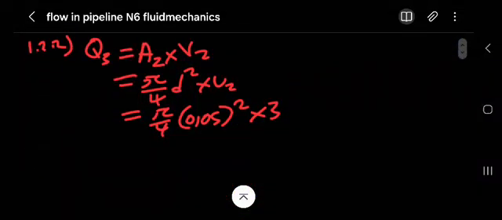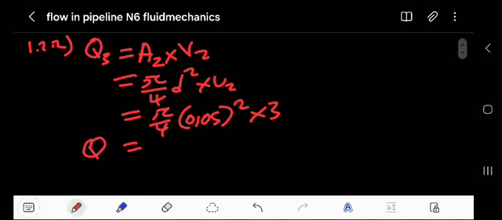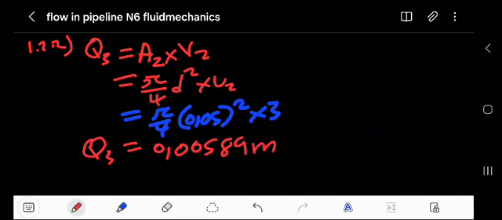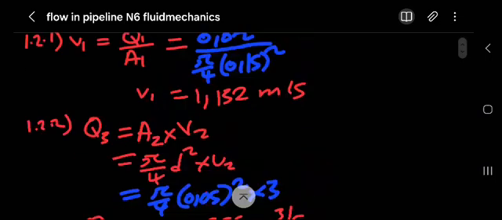Then we punch this, and the rate of flow will be 0.00589 cubic meters per second.